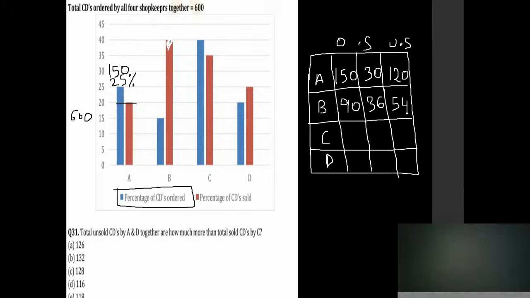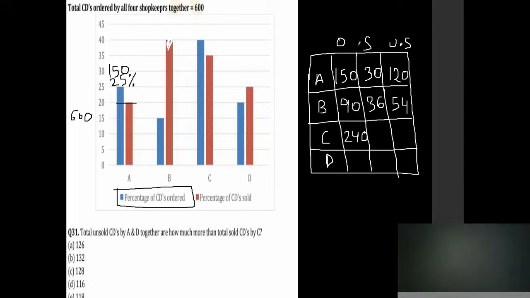Next, coming to Shop C. Shop C ordered 40% of the CDs. So 40% of 600, again the zeros cancel. 4 into 60, which is 240.